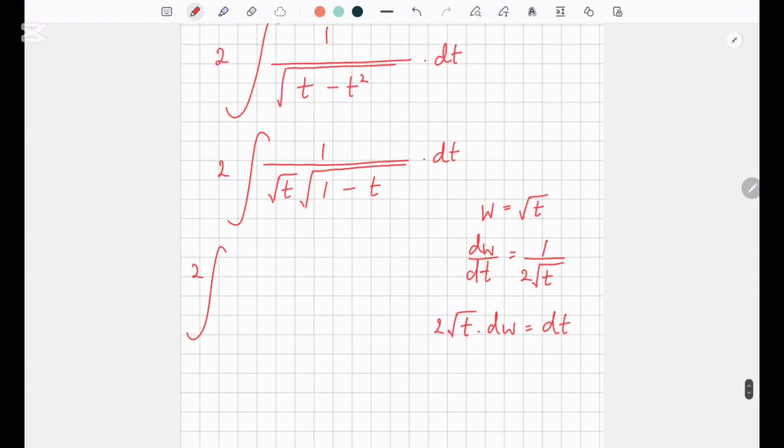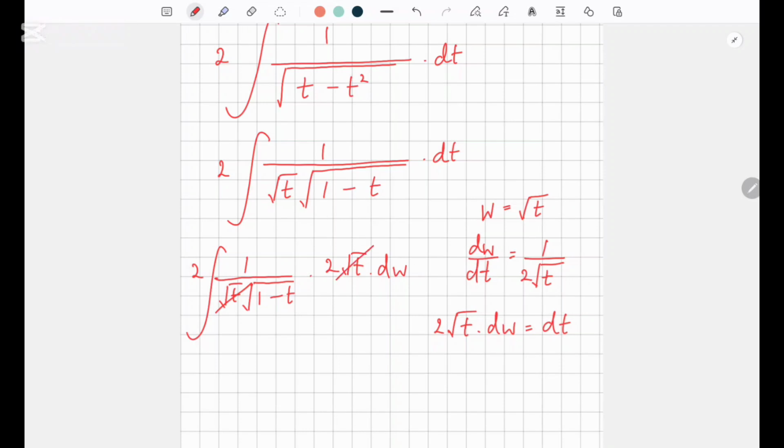Go back to your question. 1 over root t into root 1 minus t, and instead of dt, you write 2 root t dw.